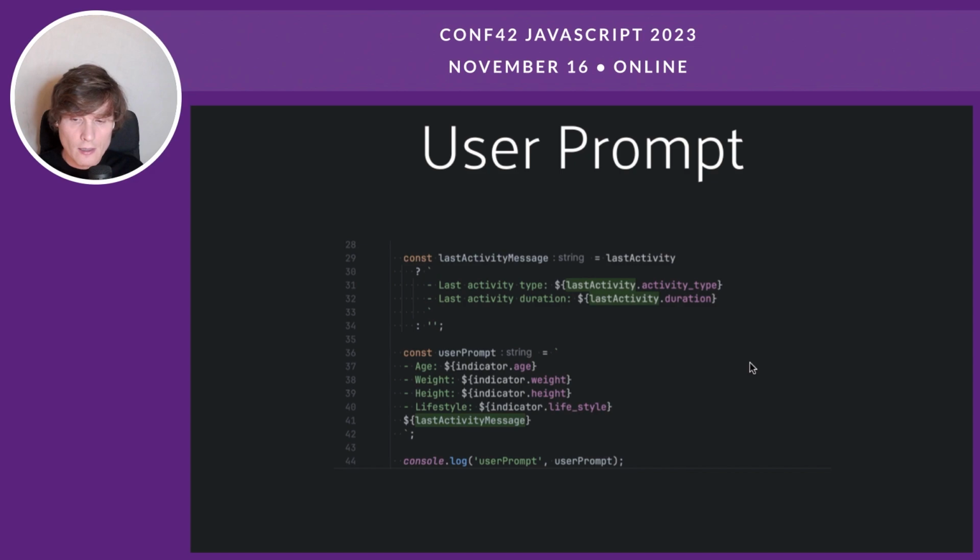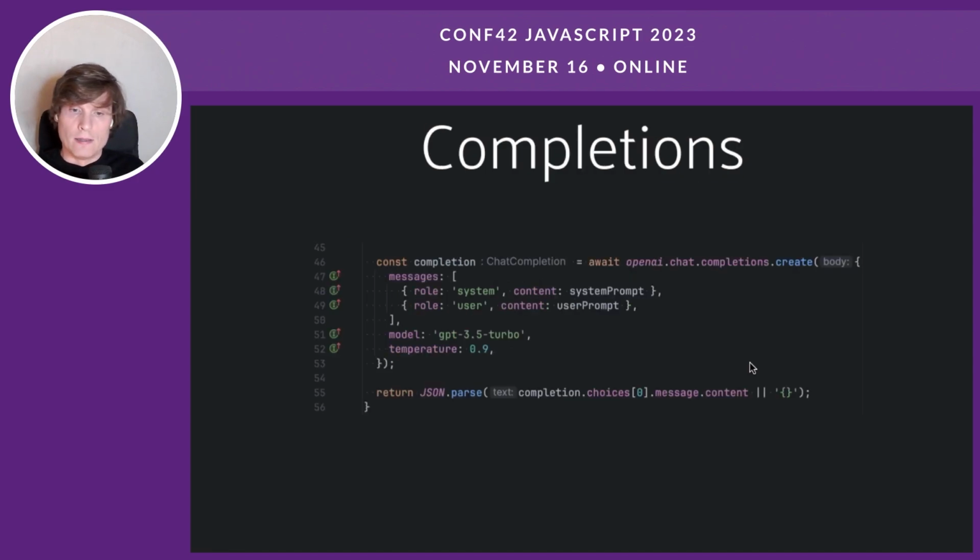We're telling it, hey, the system has to return a JSON with that kind of structure, based on indicators, based on something we want to tell it, like, hey, based on these indicators, please tell me what I have to do. And all of these parts we have to provide to the completions as messages.